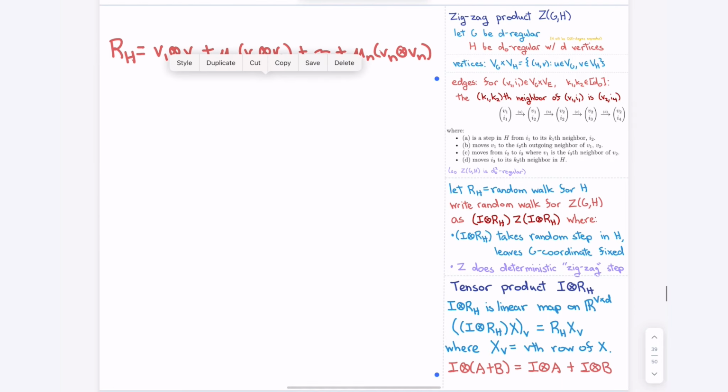Okay, so I put this info in the bottom right, and at some point later, it'll be useful. Okay. So if I look at this random walk in H, we had the spectral decomposition. That's what we do in the first line, right?